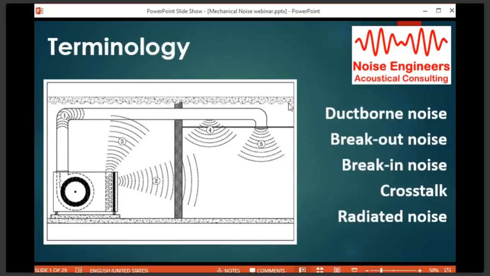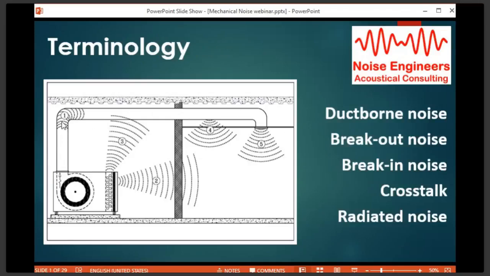So terminology, real briefly. If this is a system, and this could be a rooftop system, but if it's in a mechanical room, we have the noise path of the noise coming from the fan just down the duct and into the space, and that's duct-borne noise.